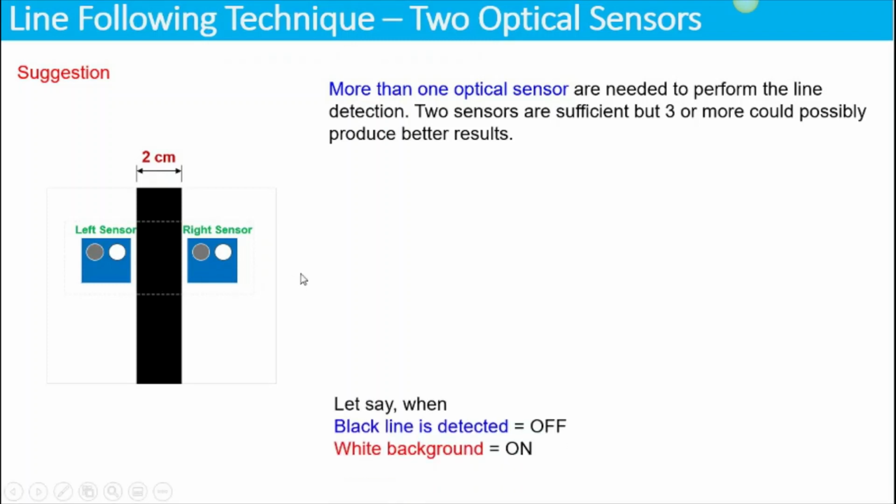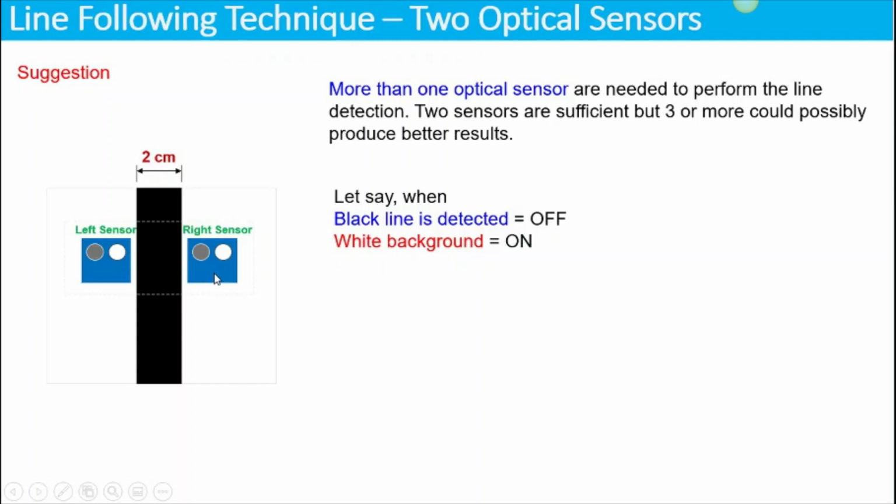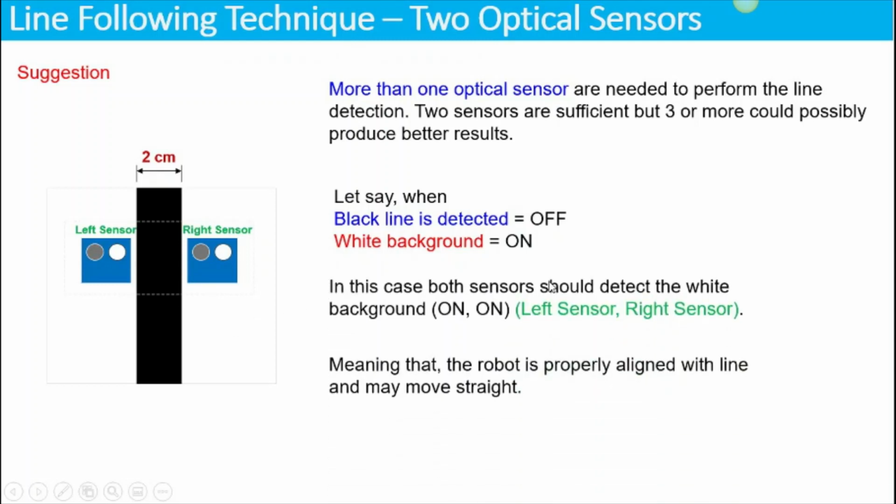You can put two sensors on your mobile robot, and the black line must be put in between the sensors. In this case, both sensors should detect the white background, with the assumption that the black line is in the middle of these two sensors.